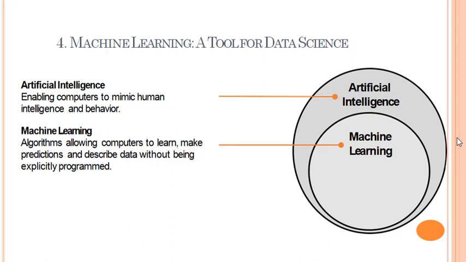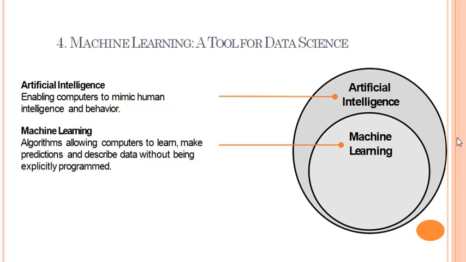This is the classical definition of machine learning, in which we want the algorithms to learn from certain data, and on the basis of this learning make predictions or classifications, and describe data without being explicitly programmed, right?